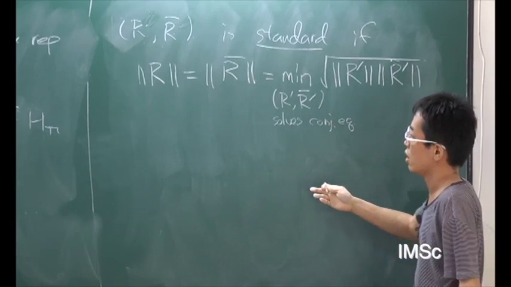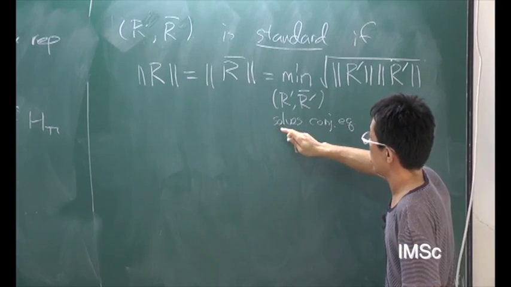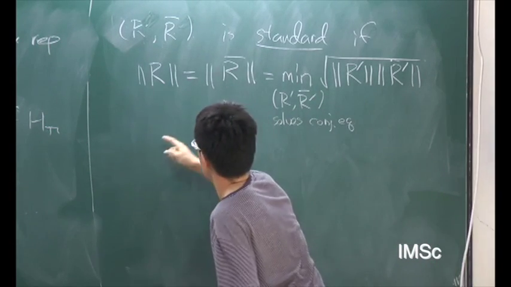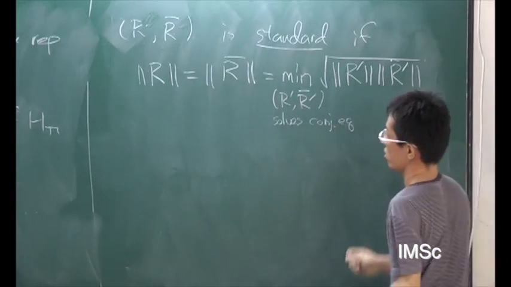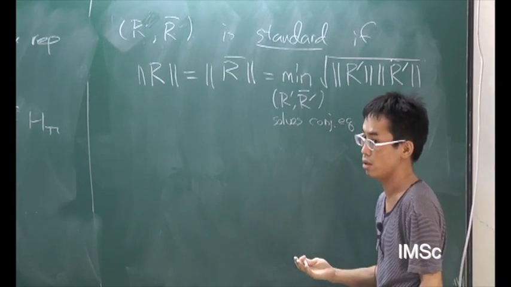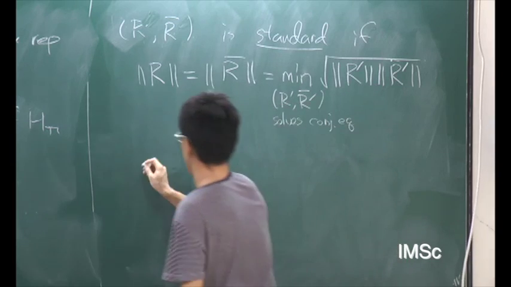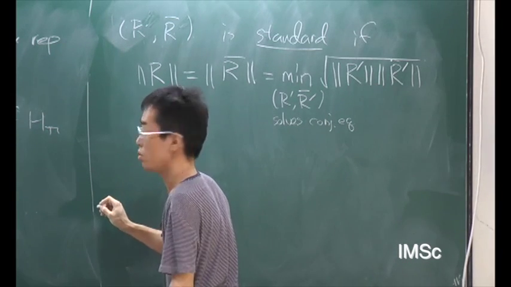And also the square of this, something before taking the square root, is called the intrinsic dimension of x.